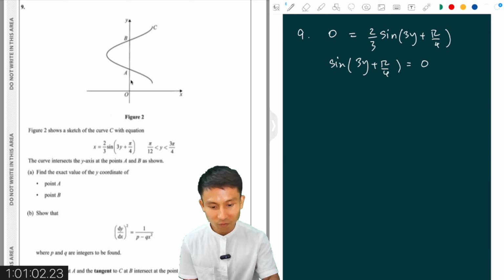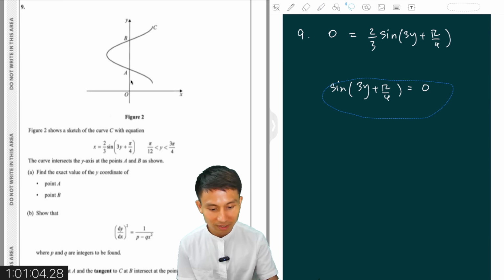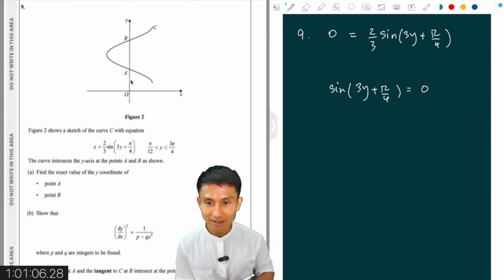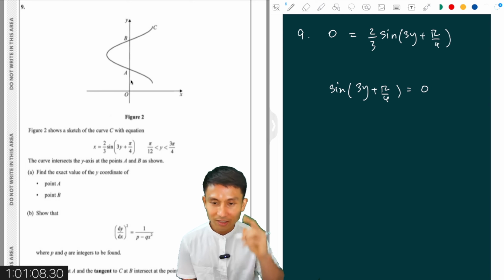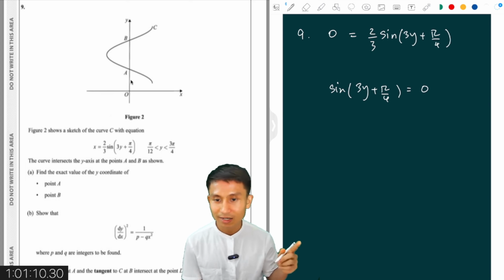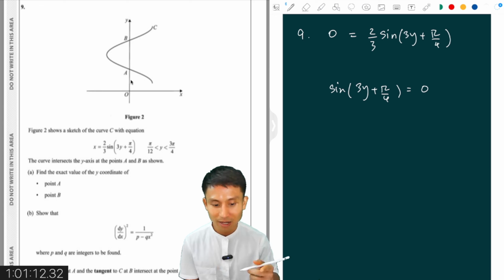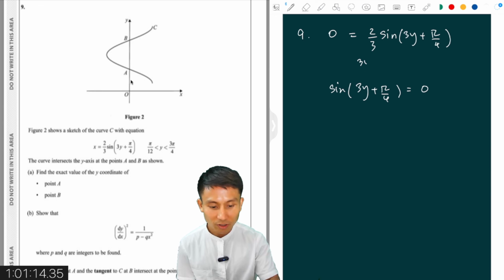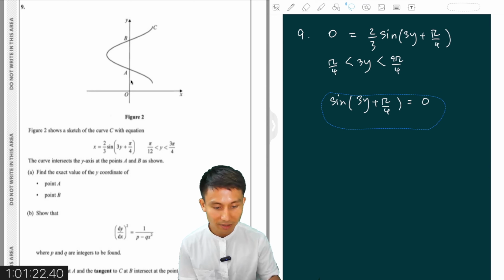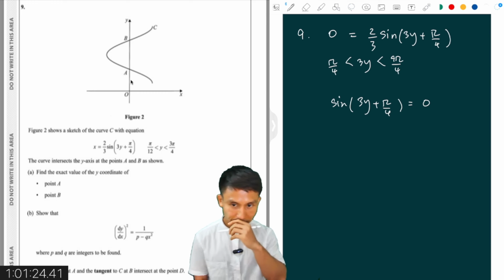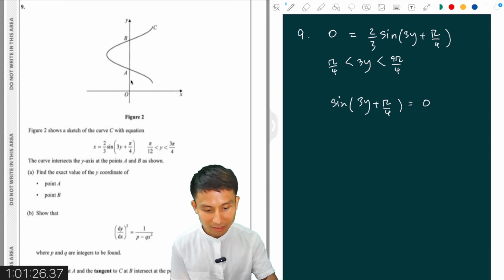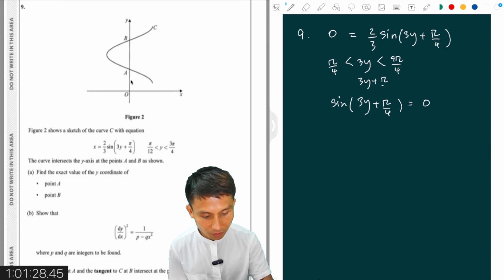Now, we got the range of y, so we got to be careful here. It's a trig again, solving a trig again. Because we have pi over 12 less than y less than 3 pi over 4. So if we multiply that by 3, we're going to get 3y first. So that's pi over 4, and this is 9 pi over 4. Just multiply everything by 3, yeah? And then you plus pi over 4.